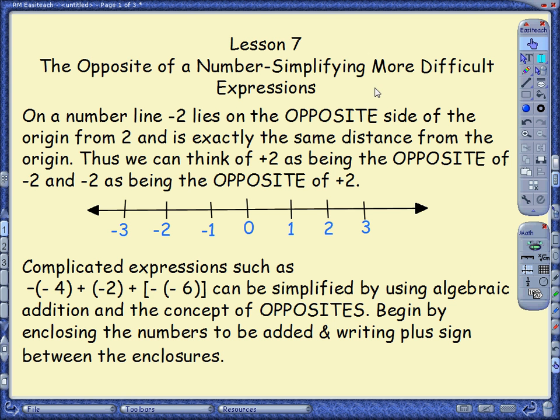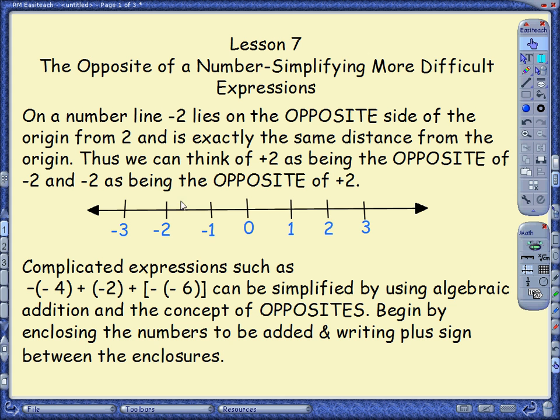Lesson 7 is about the opposite of a number and simplifying more difficult expressions. On a number line, -2 lies on the opposite side of the origin, being 0, and is exactly the same distance from the origin.